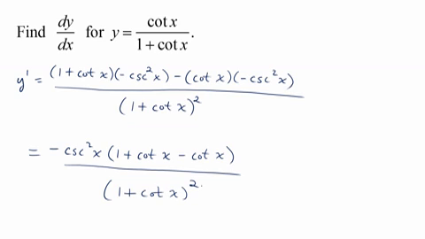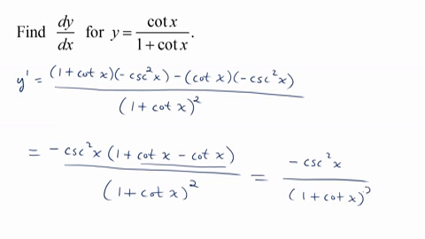And as you can see, here we have a cotangent x minus cotangent x, which makes 0. So we're left with negative cosecant squared x over the quantity 1 plus cotangent x, that quantity squared.